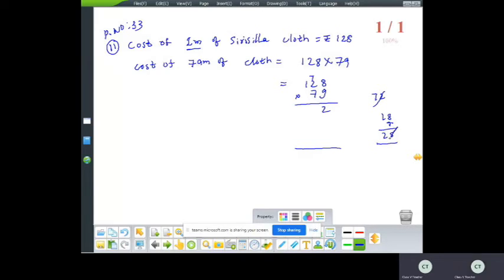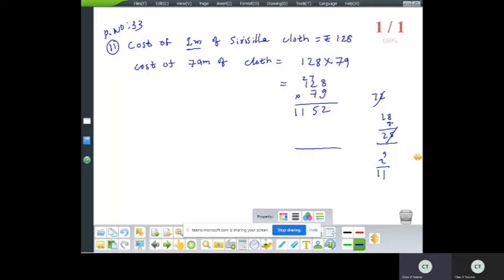Now 5 right here. Now 2 is carried. Next, 9 ones are 9. 9 plus 2 is 11. 11 right here.